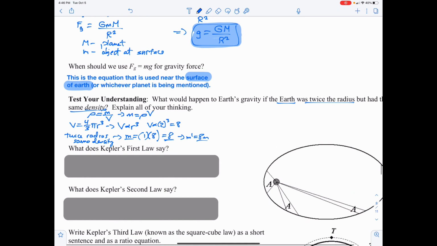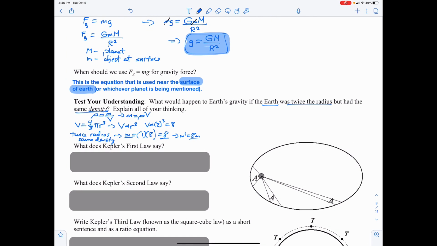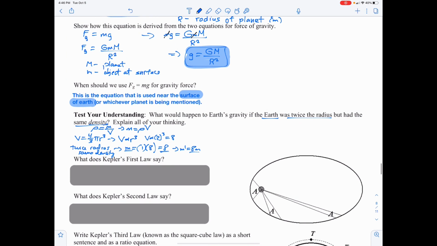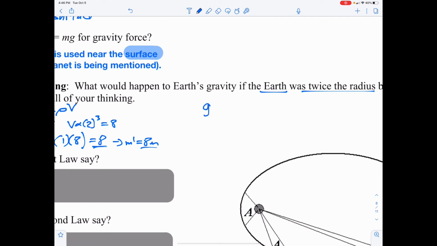So now we throw that into, it's asking what would happen with Earth's gravity. Well, we know that Earth's gravity is proportional to, we know the equation is equal to big G, big M over R squared, but we could write it as a proportionality of simply big M over R squared, and forget about big G. So what does this mean?